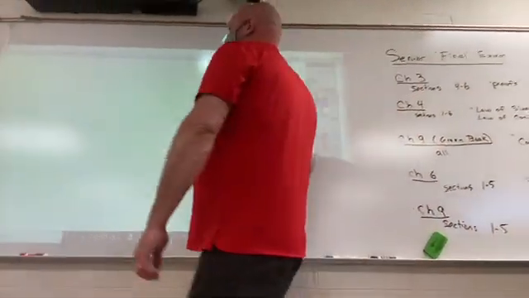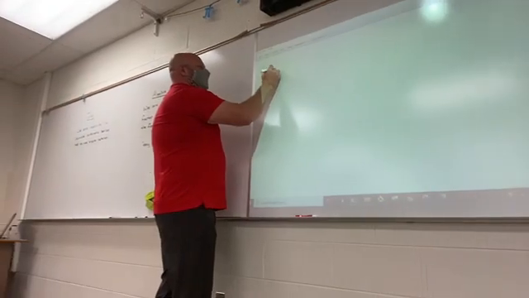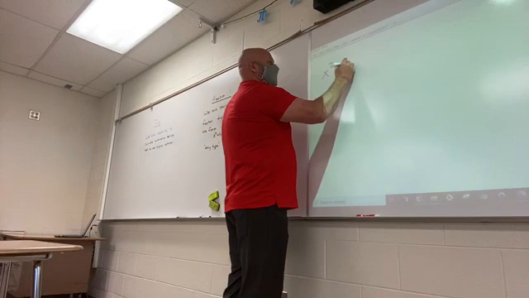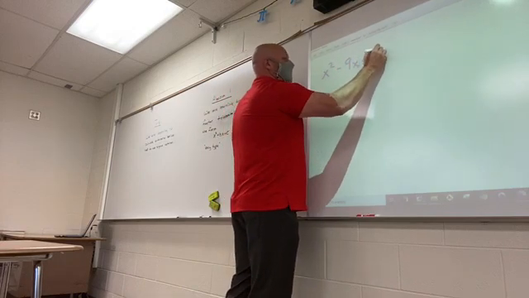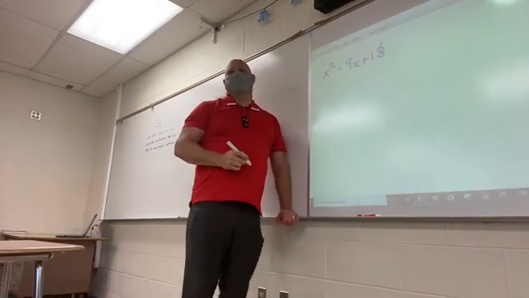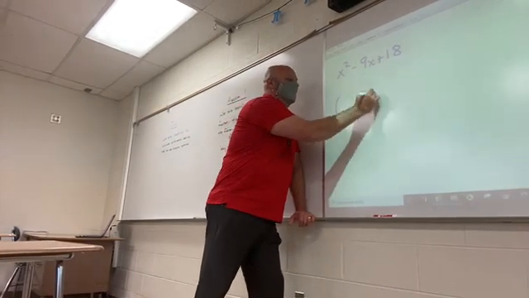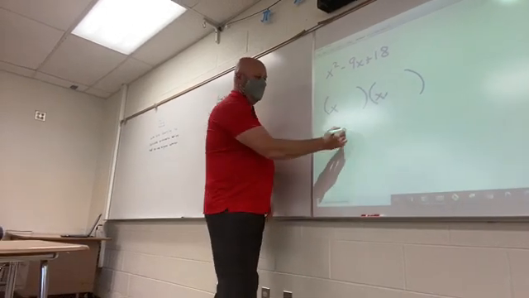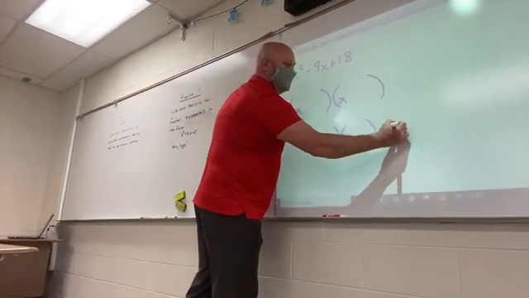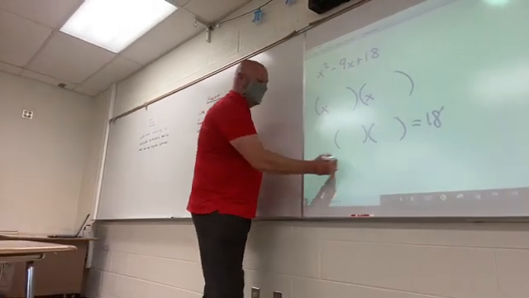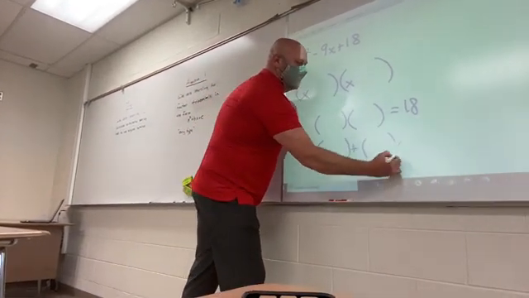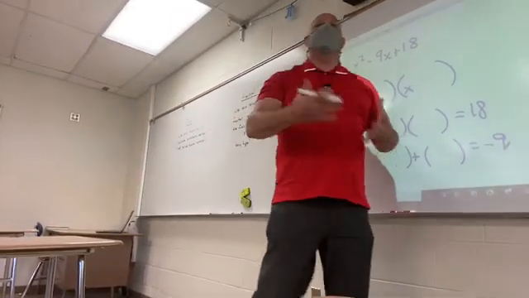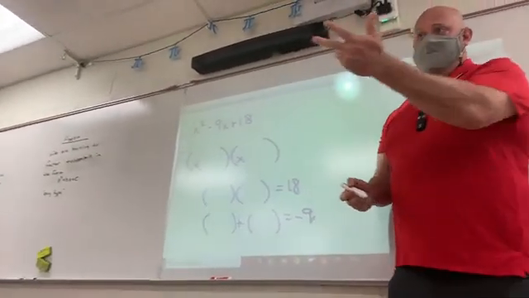Let's try another one. Let's say I gave you x squared minus 9x plus 18. What am I looking for? I'm looking for two numbers that multiply together to get a positive 18 and add up to a negative 9. What are some different numbers that multiply to 18? 3 and 6, right?